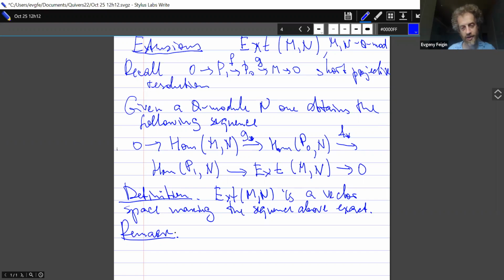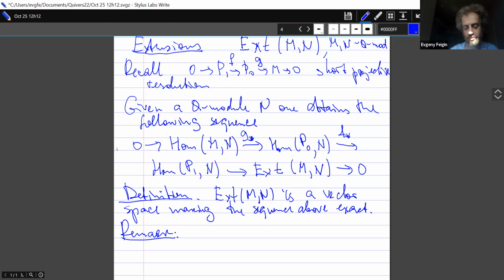We have the maps F, G, F lower star, G lower star, and Hom spaces, and we want the sequence written here to be exact. We want this Ext space to close this sequence into an exact one. So how to describe what this Ext space is? The cokernel of F star.